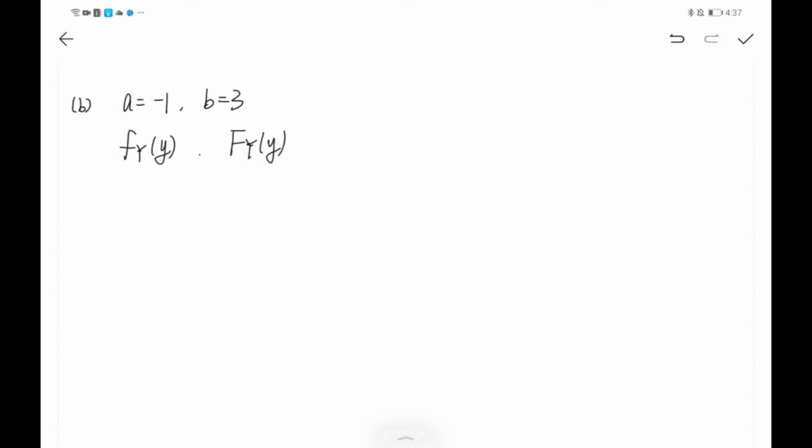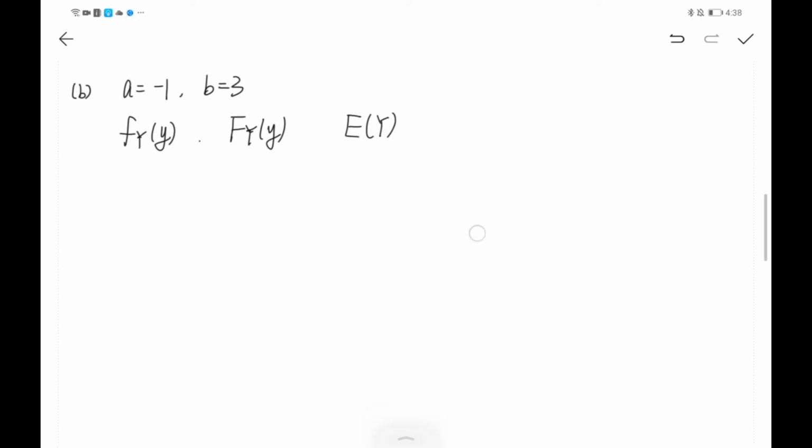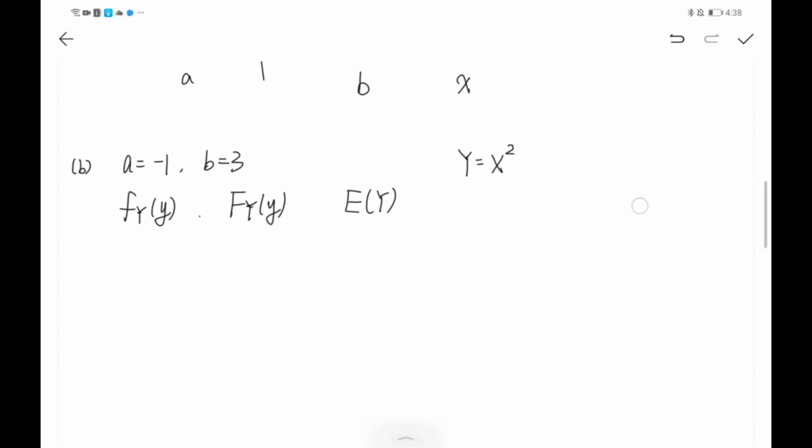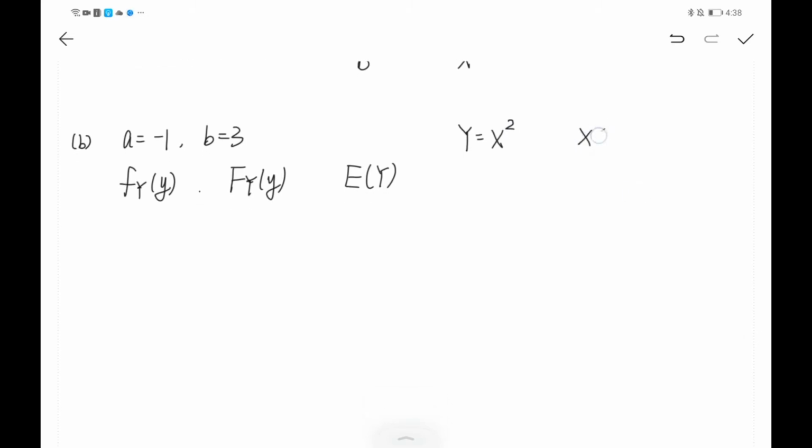And we should also compute the expectation of y. Because y equals x to the power 2, and x is from -1 to 3.